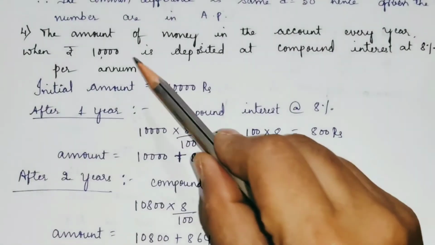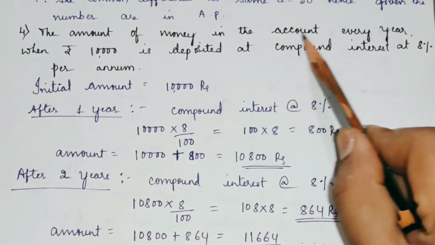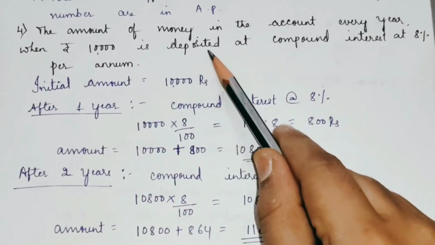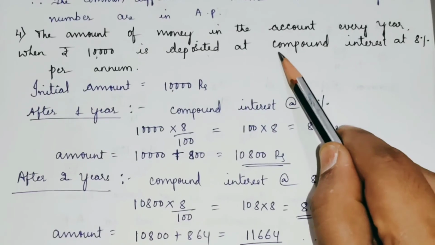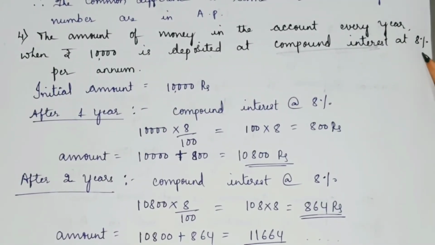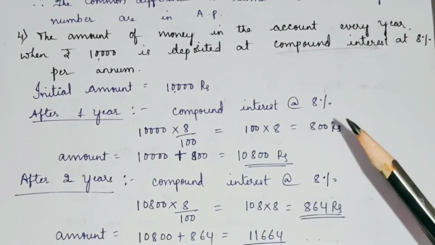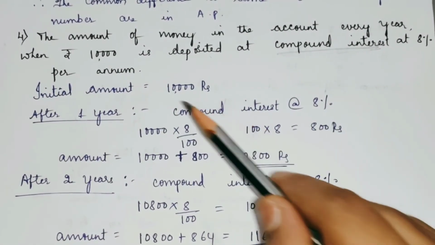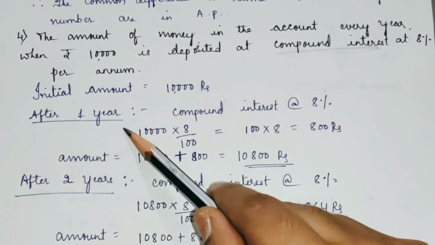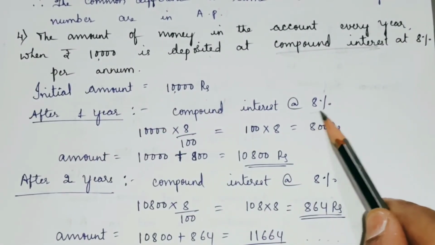Next, the amount of money in the account every year when rupees 10,000 is deposited at compound interest. This is a compound interest problem at the rate of 8% per annum. Now the initial amount is 10,000 rupees. After the first year, you have to find the compound interest.